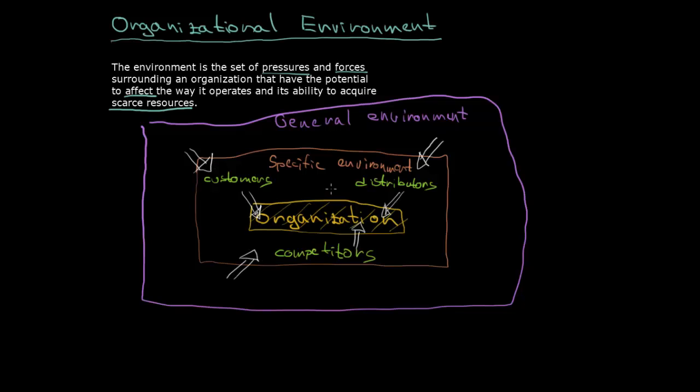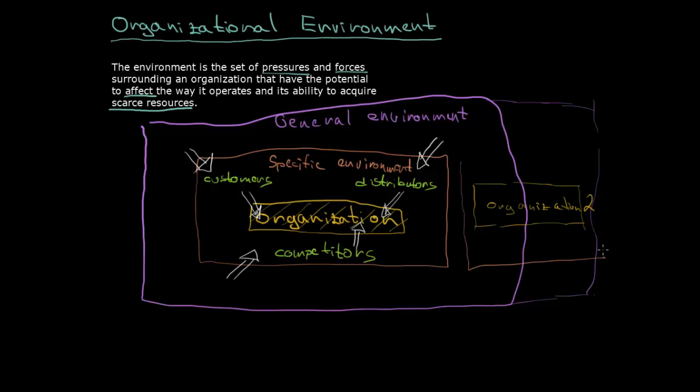But what can happen, maybe the general environment is not just this small, and in fact it is not. It would be much bigger right over here, and here would be another organization, maybe some smaller one, organization 2, and then it has its own specific environment, specific environment number 2.